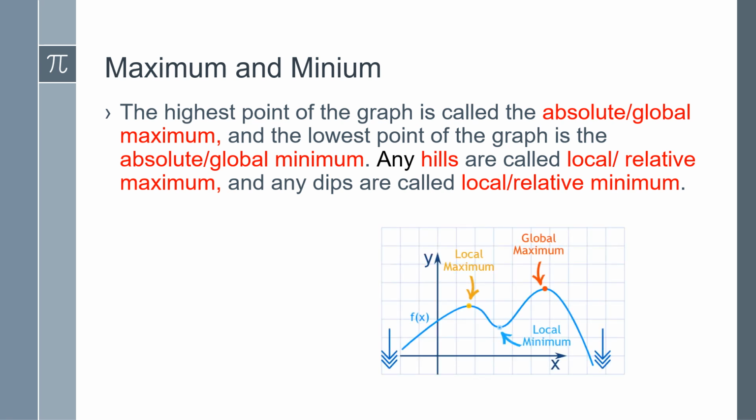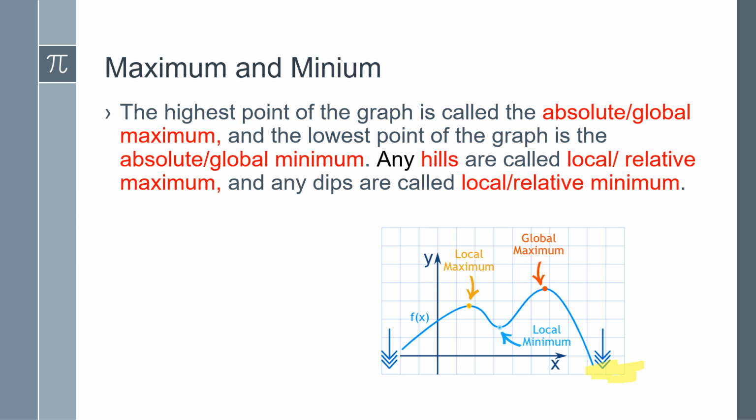So when you see this, the lowest point on the graph is going to be the absolute minimum.